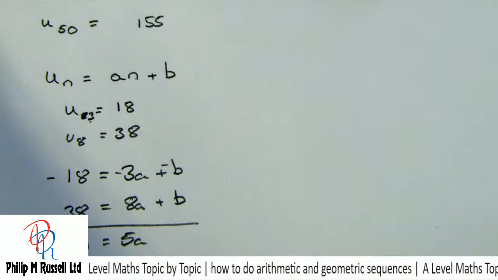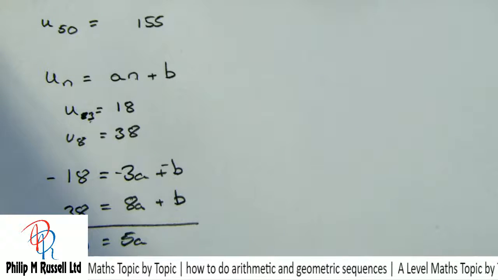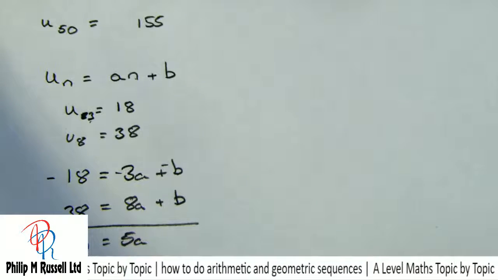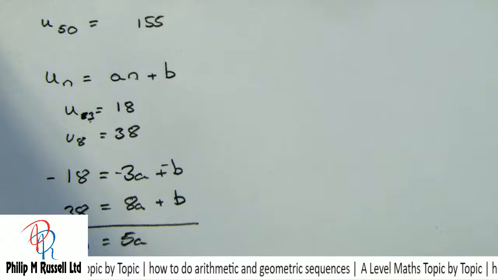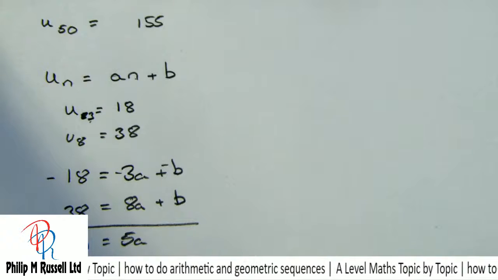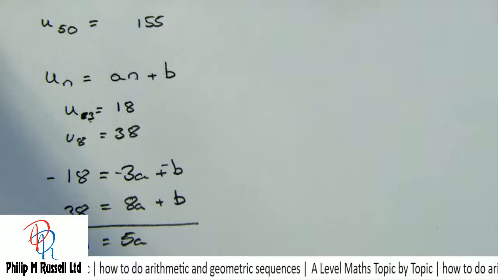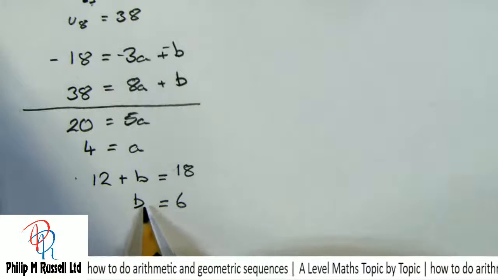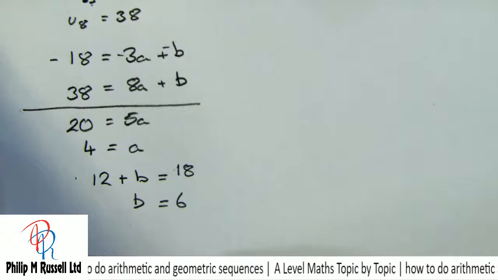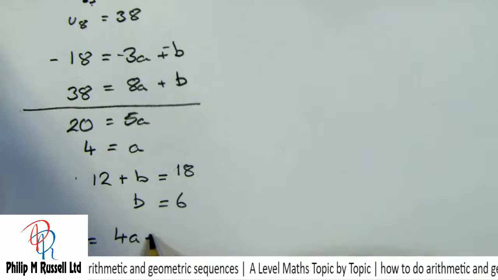We can then put this in: 3 fours are 12, plus b equals 18, so therefore b is going to equal 6. And as we do so, our answer is un equals 4n plus 6.